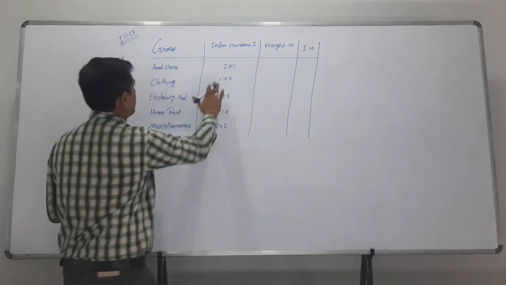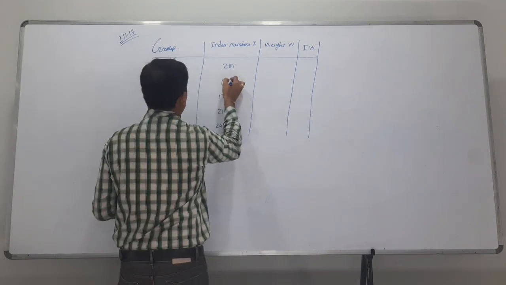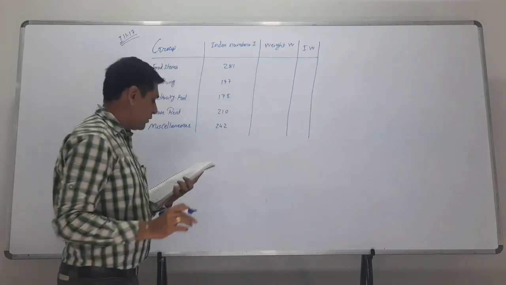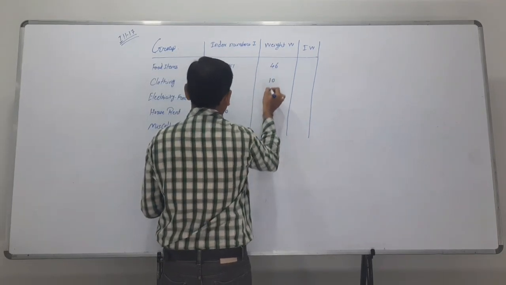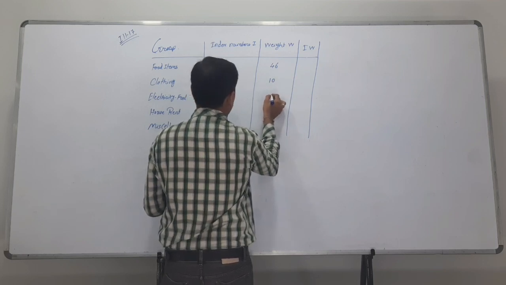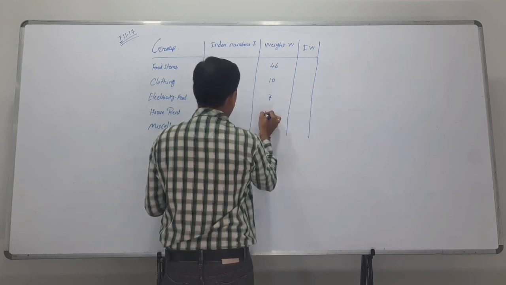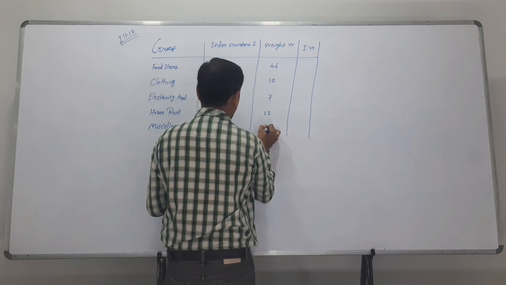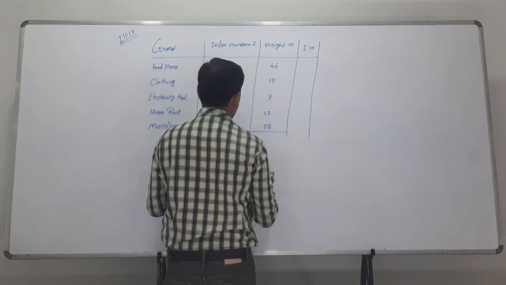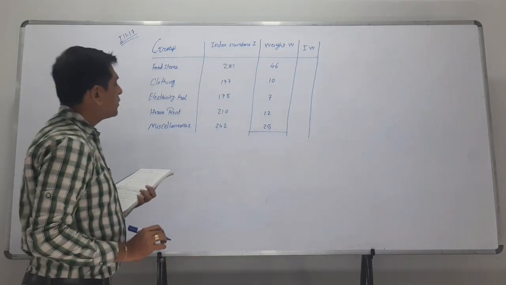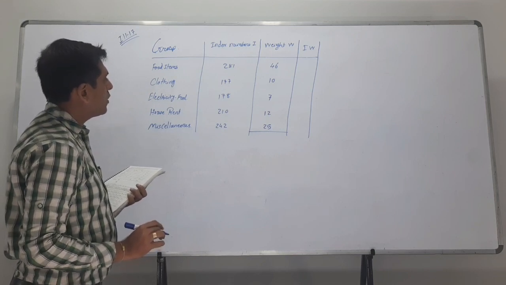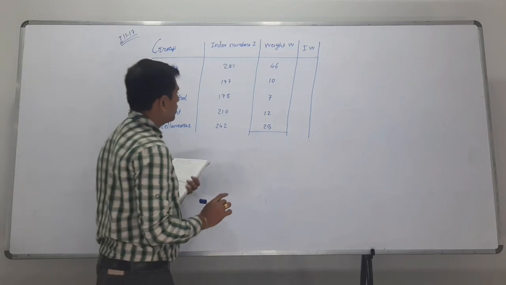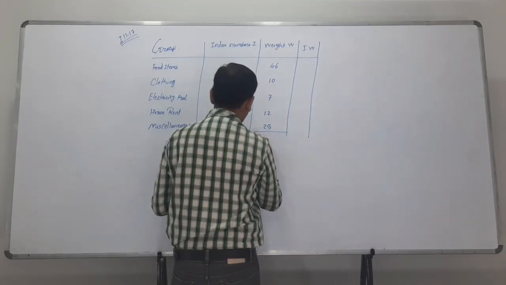Okay. Now weight is given 46, then 10, then 7, then 12, and then 25. So here the total is 100.